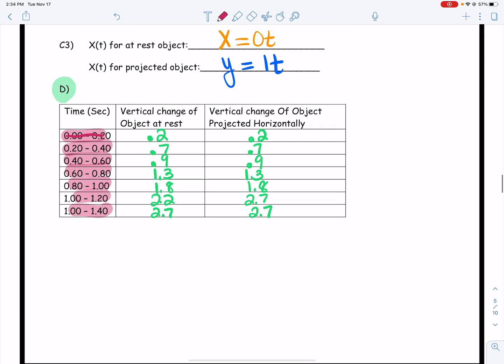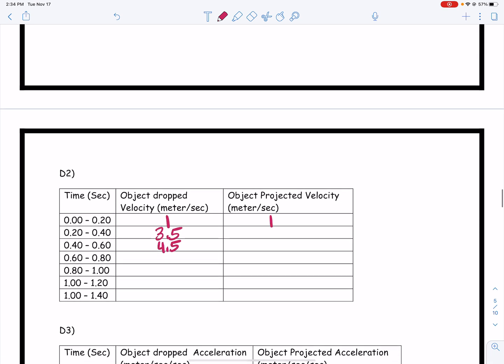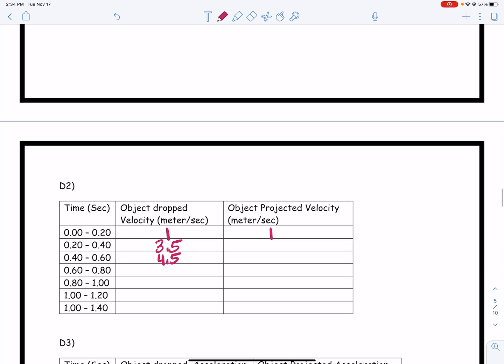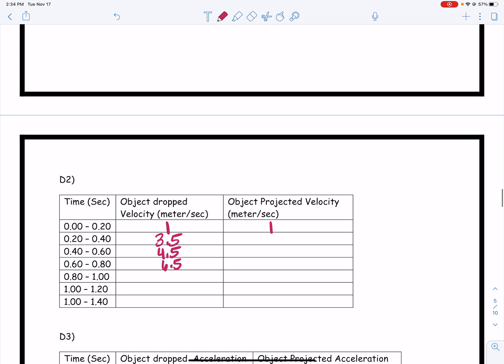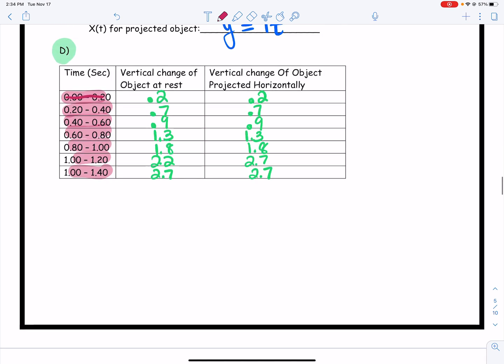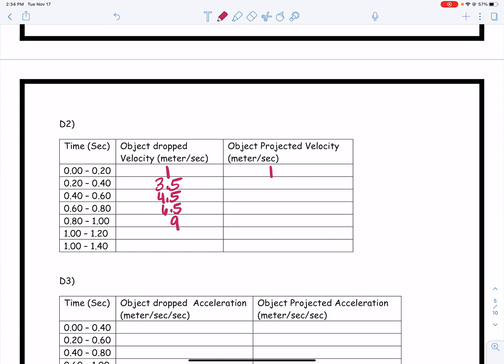And then my next one is 1.3 divided by 0.2 is 6.5. And then my next one is 1.8 divided by 0.2 is 9. And then 2.2 divided by 0.2 is 11, and then 2.7 divided by 0.2 is 13.5.